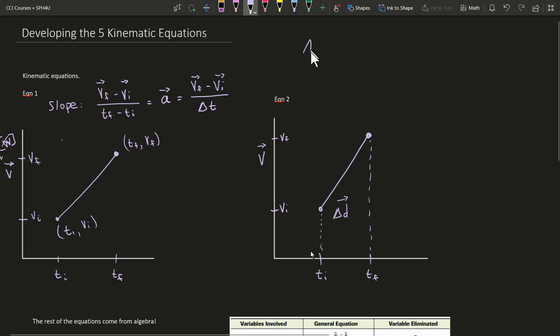Just a reminder, the area of a trapezoid is base 1 plus base 2 over 2 times the height. Now, if I go ahead and assign, according to this graph, base 1 is basically just this distance, which is delineated as the initial velocity of the object.